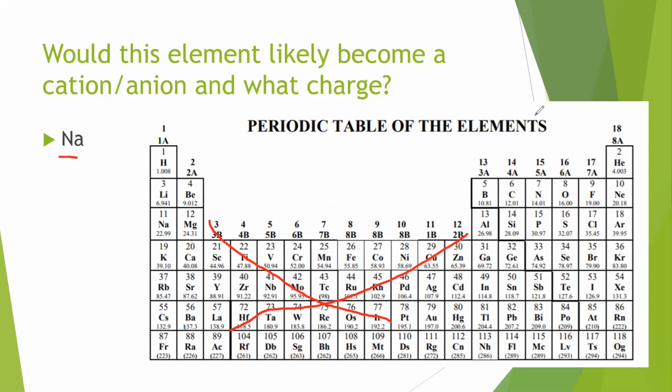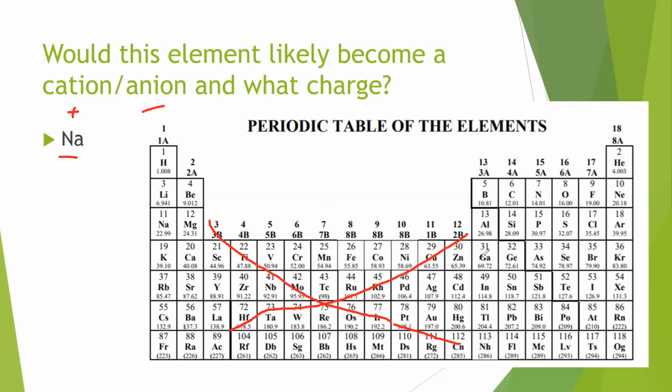I'll give you guys some time to think and find it. And some of you might not remember what a cation versus anion is. Remember, cations, it's positive if you're a cat lover, and anions are like onions and they're always negative.